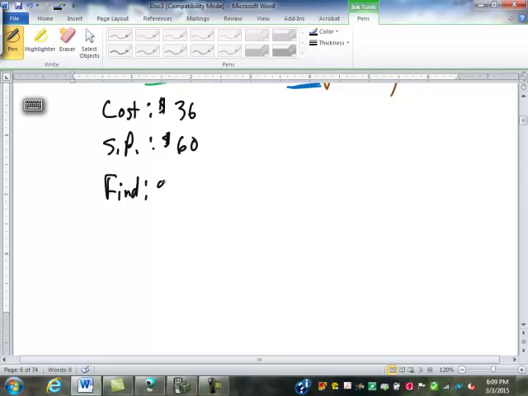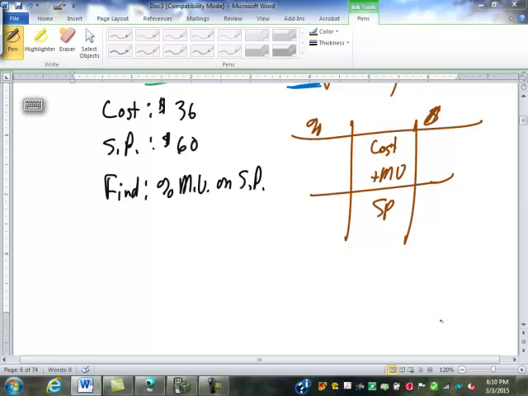Find the percent markup on selling price. What do we know? Cost is 36, selling price is 60. 100% for the selling price.